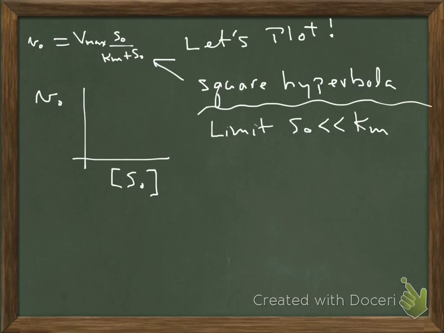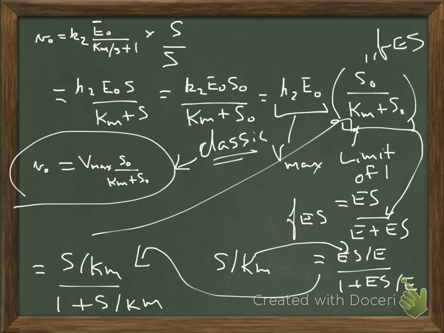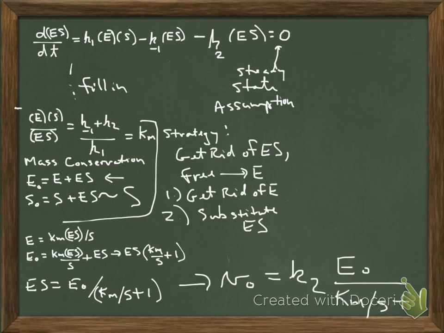The other thing to note is that you can only add two numbers together if they have the same units, right? And so S0 and Km have the same units. Km, everybody should know this. Km is defined back here as ES over ES. So you can see it has units of molar. Molar over molar is molar.